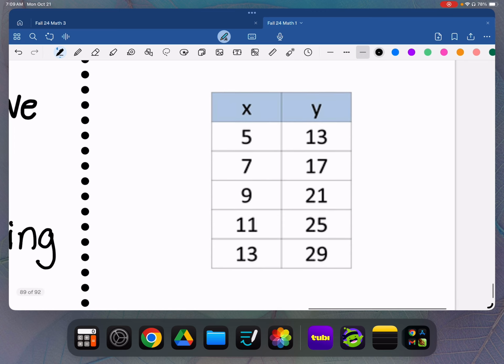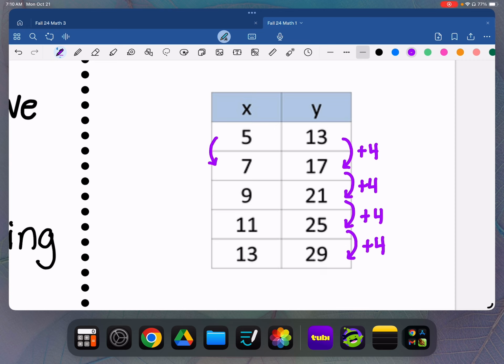So the change in y is -1 over the change in x, which is 3. Now if we look at this table, from 13 to 17, that's +4. From 17 to 21, that's +4. 21 to 25 and 25 to 29, those are all +4. So these are all constant changes in y.